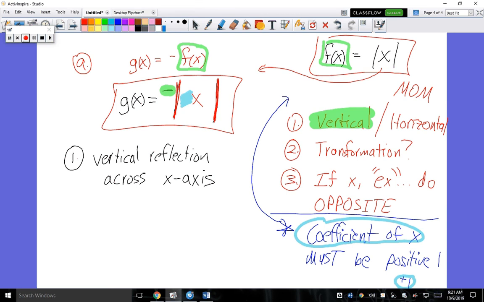Do I even use rule 3? No, because I never had it with the x, right? So my only transformation was that.